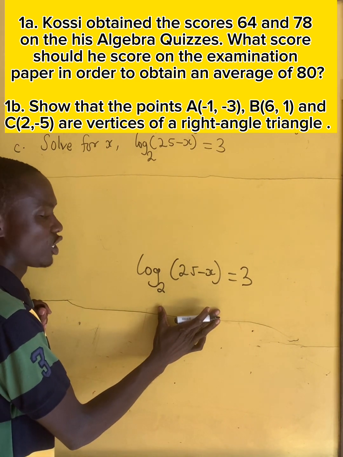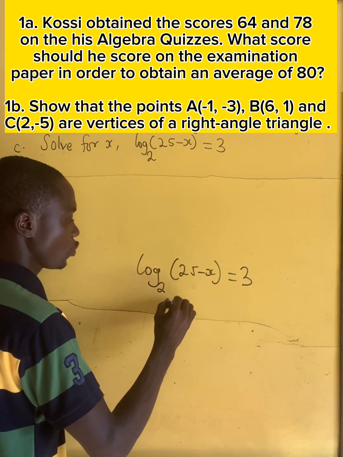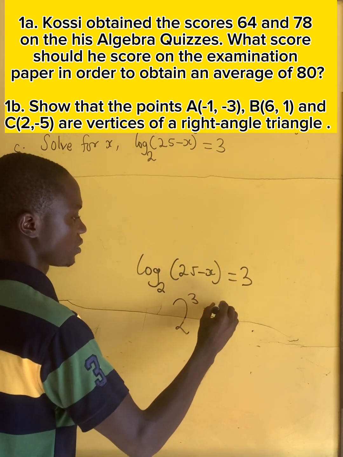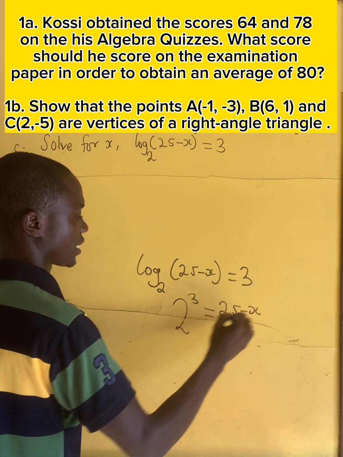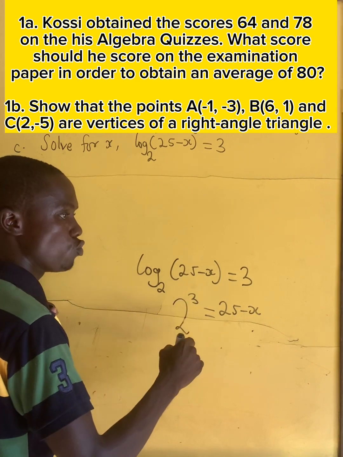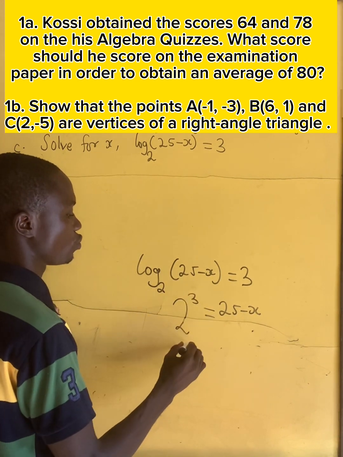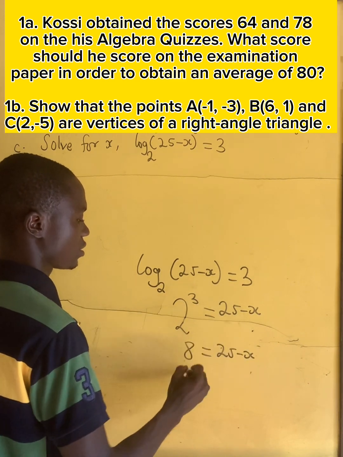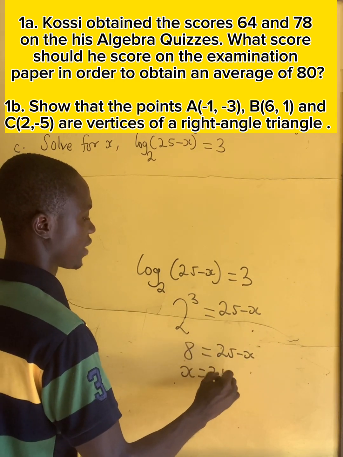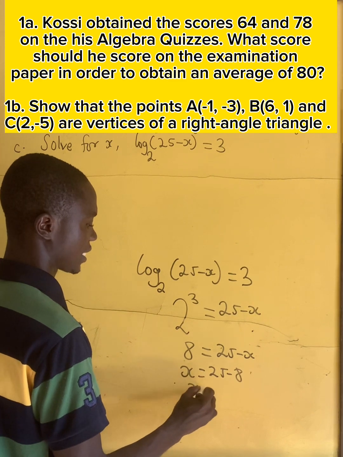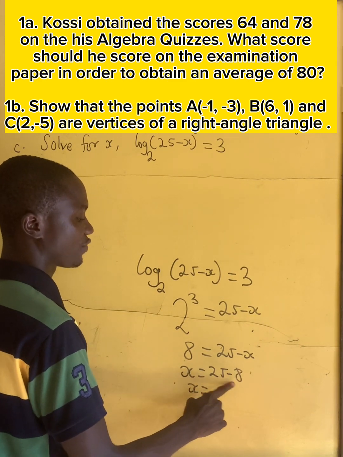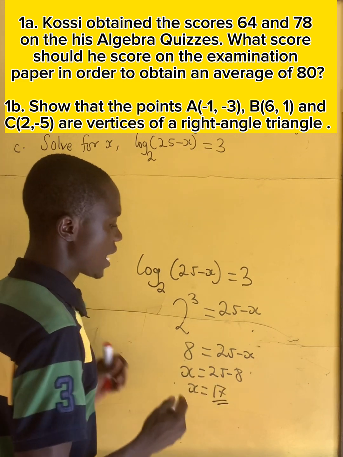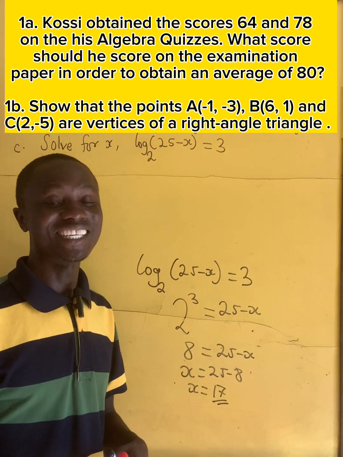So from the definition of logarithm, we take 2 power 3 equals 25 minus x. 2 power 3 is 2 times 2 times 2, which is 8, equals 25 minus x. We have x equals 25 minus 8, and x equals, if you take 8 from 25, what do we get? 17. So it means x equals 17.